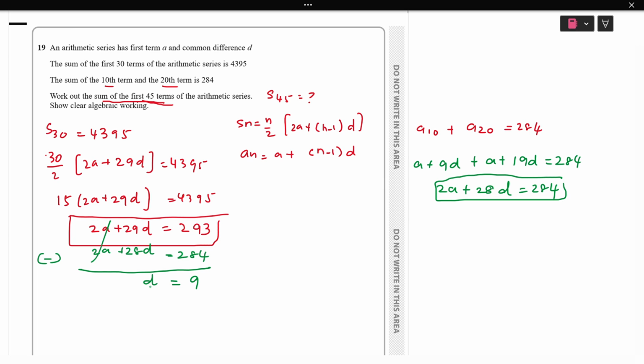This d value, substitute in one of the equations. So I'll substitute in the second equation: 2a plus 28 into 9 equals 284. So 2a equals 284 minus 28 times 9, which is 252.